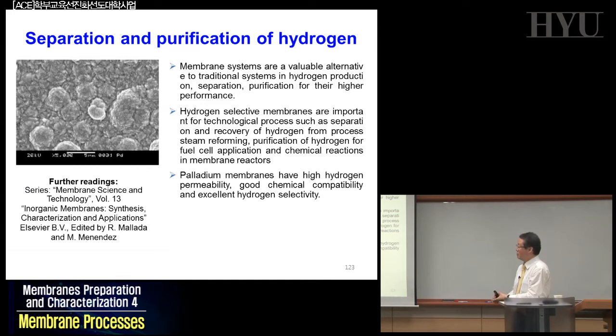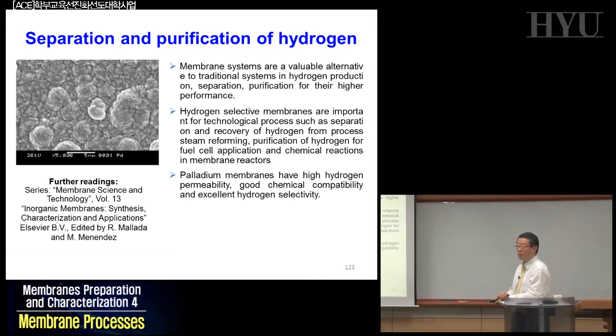Of course, perhaps 10 years or 20 years later, we can get this hydrogen from water, but at this point it's not possible because of the technology gap.